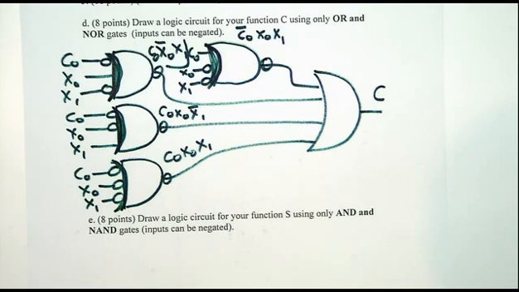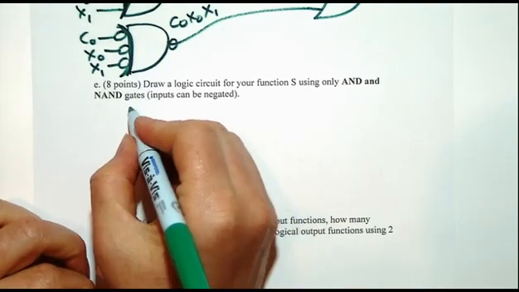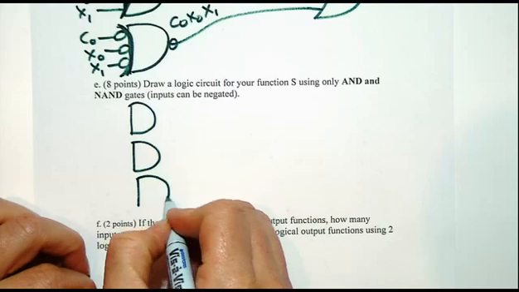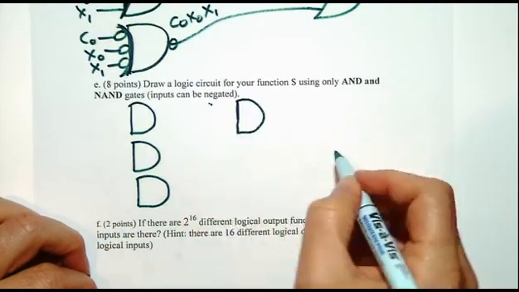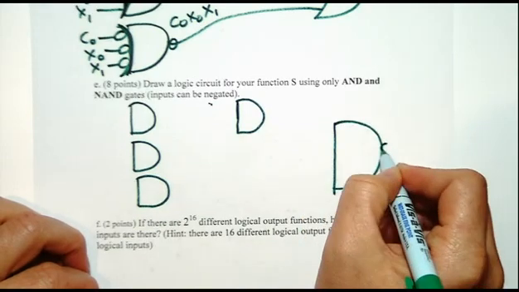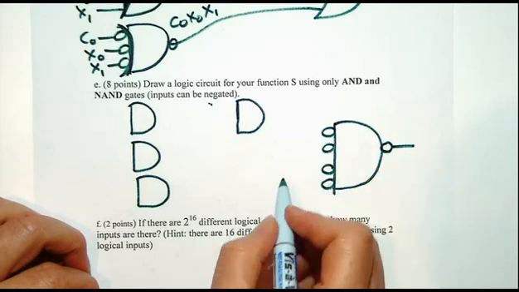Okay, the next problem we're going to do S with AND gates. It's going to be easy because we have 4 minterms. And an OR of everything is the same as an AND gate with all the inputs negated.